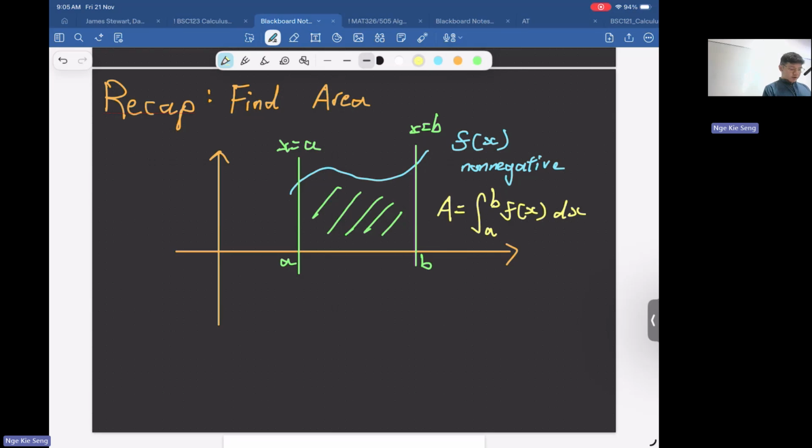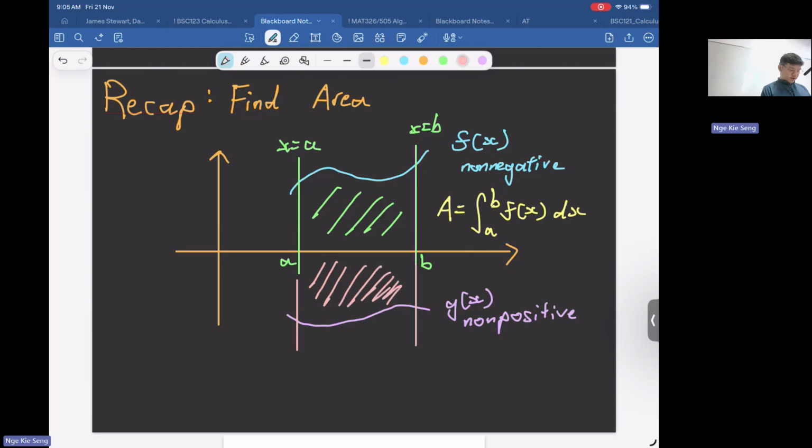Okay, and we also introduced how to find area bounded by a non-positive graph here. So we wanted to find the area bounded by this non-positive graph with also the same two lines, x equals a and x equals b.